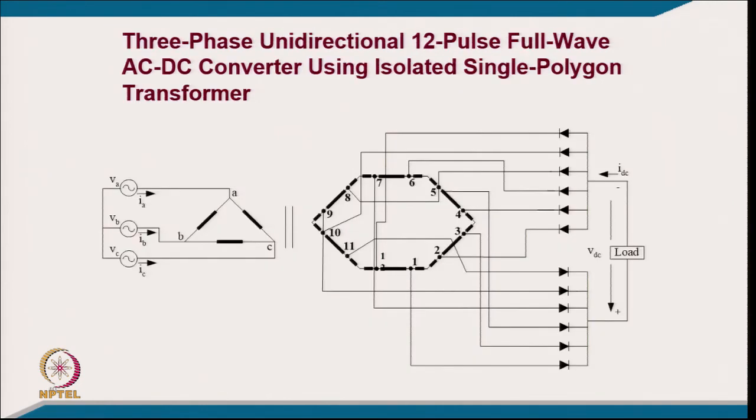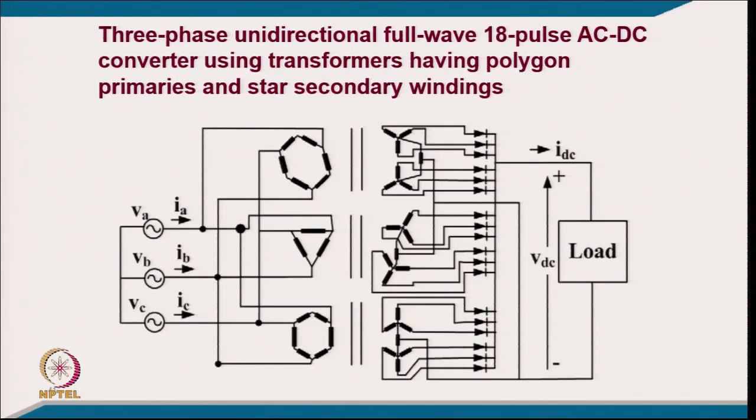Then similarly, this is another connection, a polygon, for 12 pulse, and then you have a typical 18 pulse using the star connection. We need here, of course, 3 sets of transformers, and from the 3 phase input supply we are converting to 18 phase, and 18 phase means 360 by 18.